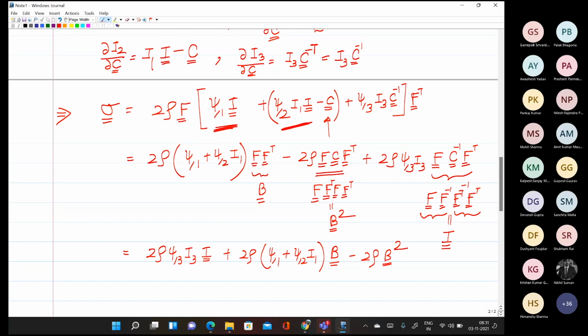Okay, I hope I haven't made a mistake here. Yeah, I think I made a mistake. You see this psi comma 2 and then this is inside the bracket. So with C also you get a psi comma 2. So here you have a psi comma 2 also. So you get psi comma 2 in the end.